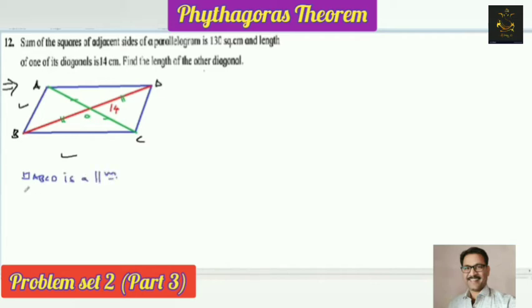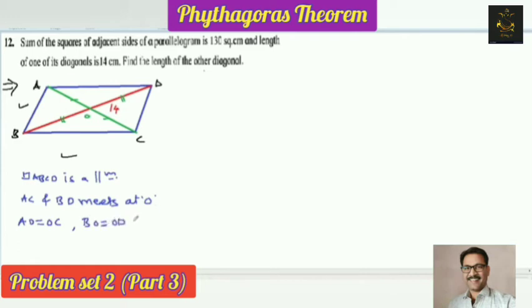Now AC and BD are diagonals. AC and BD meet at O. Then they bisect, that means we can write AO equal to OC and BO equal to OD.